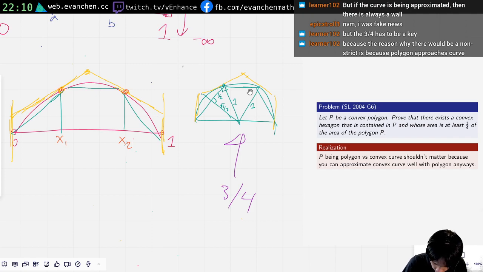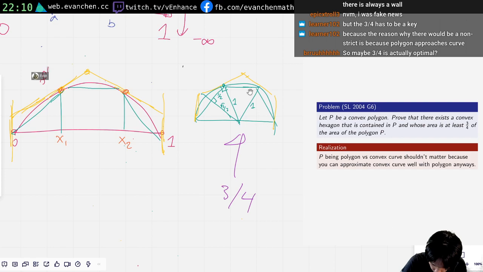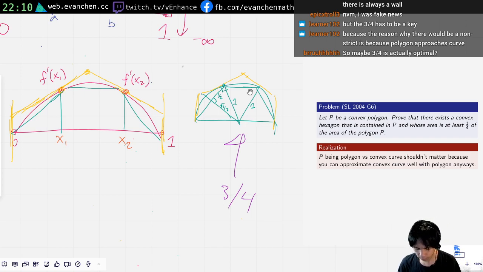I want to show there are 2 points, x1 and x2, such that when I take f prime of x1 and f prime of x2, you take these 2 tangent lines, and the... I don't know, man. Do I just write this out? I don't know what to say.